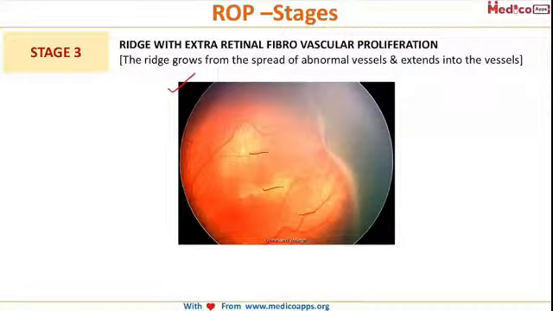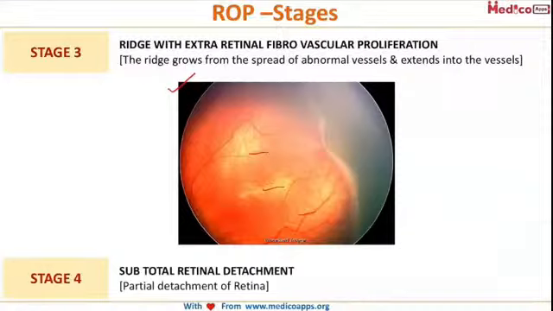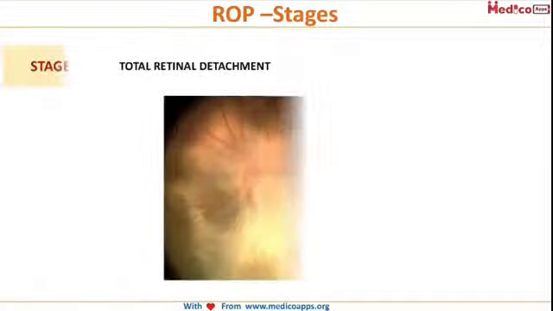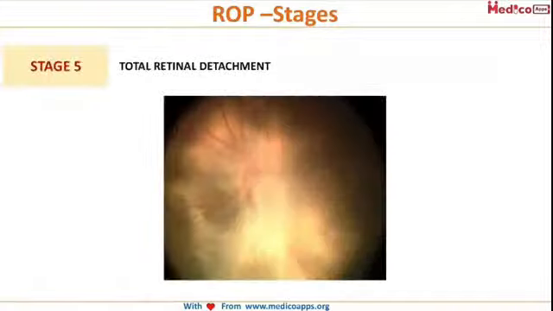Now when there is fibrosis, we have seen that there occurs retinal detachment. However, this is a partial retinal detachment in stage 4, and when this becomes a complete total retinal detachment, you call it stage 5.